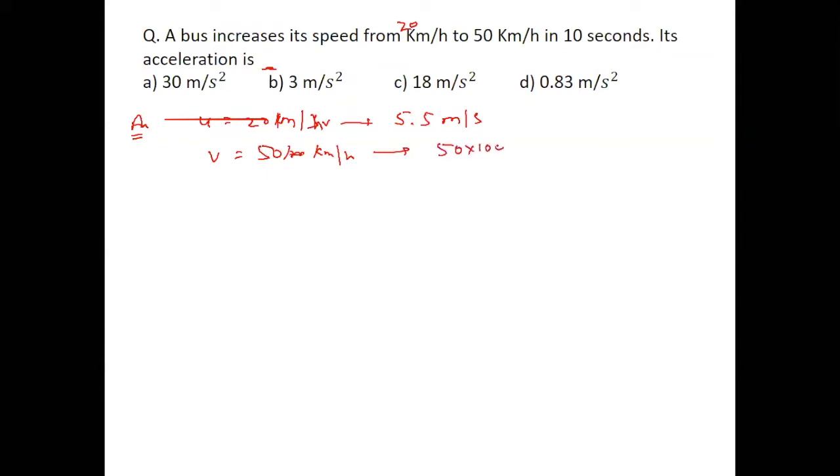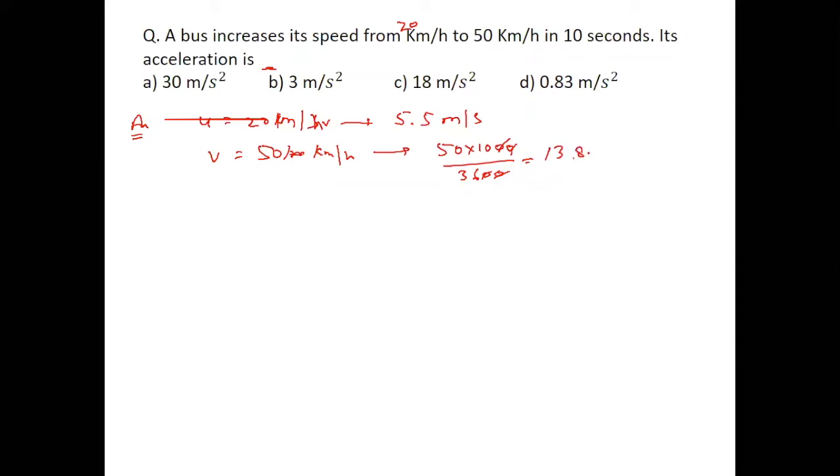And how much does it come? 50 into 1000 by 3600. Zero, zero cancel, and how much does it come in meter per second? 13.8.